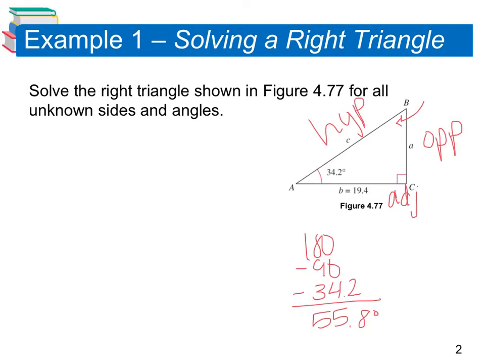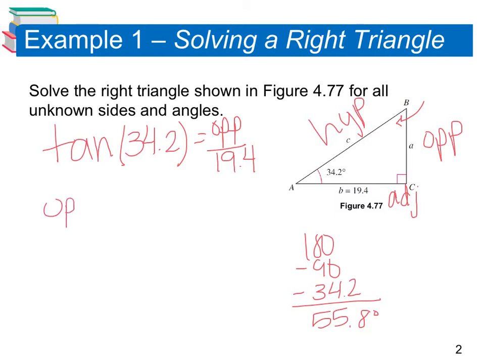To get opposite, I've got this angle. I'm going to go from what's given. I want to find opposite. I'm given adjacent. Only one trig function fits that. That's tangent of the angle. Tangent of 34.2 equals opposite over adjacent, which is 19.4.